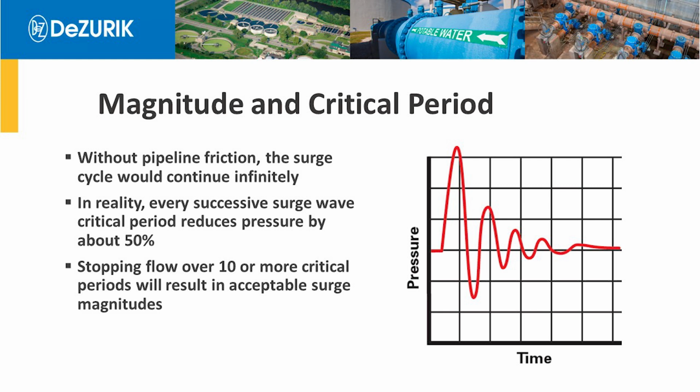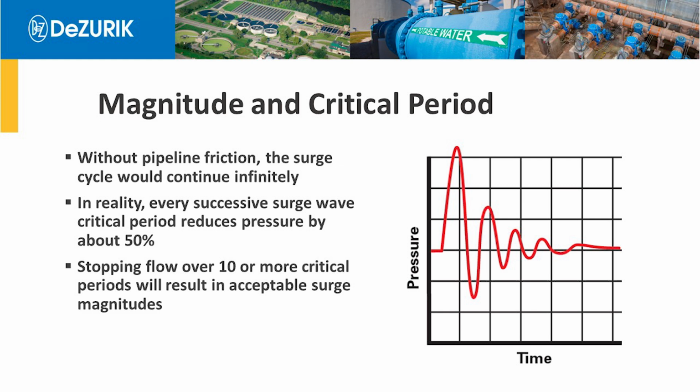So generally, stopping the flow over 10 or more critical periods will result in acceptable surge magnitudes and will not damage the pump station. This is important because this relates to timing.